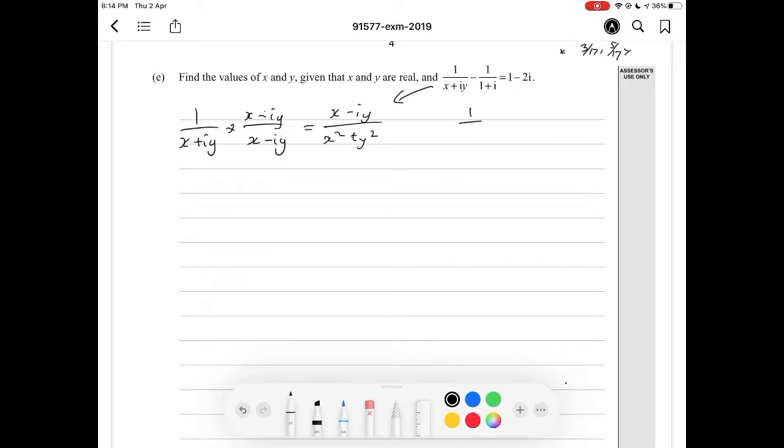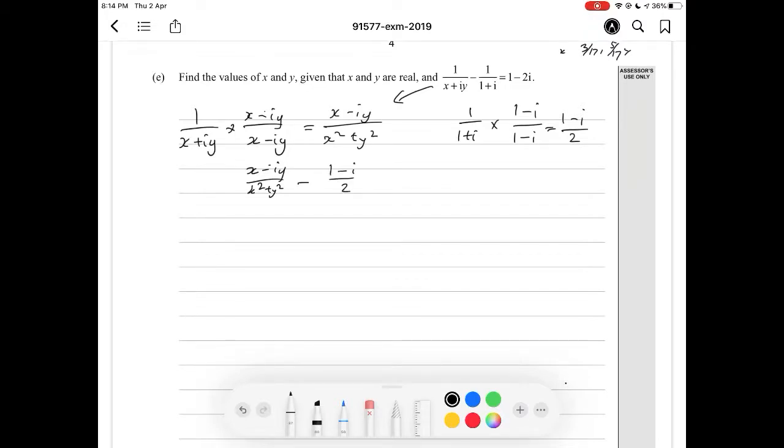Now we're going to do 1 over 1 plus i. We multiply by its conjugate, which is 1 minus i, and this would be equal to 1 minus i over 2. Now that we have i in the numerator, we can subtract the fractions. So we have x minus iy over x squared plus y squared minus 1 minus i over 2.